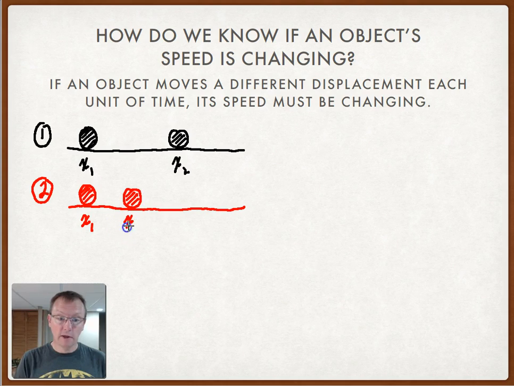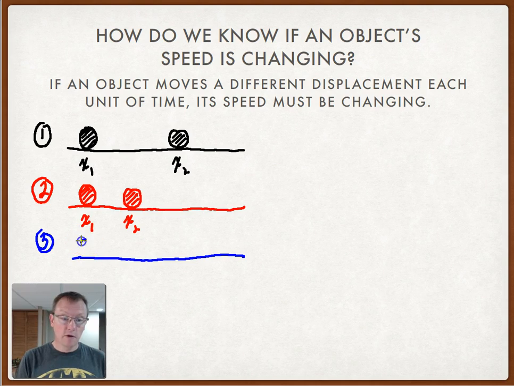So this is its X sub 2. And then the third scenario looks like this. The ball starts at the T sub 1 flash right here at X sub 1, and then we notice that the ball is here at the T sub 2 flash.